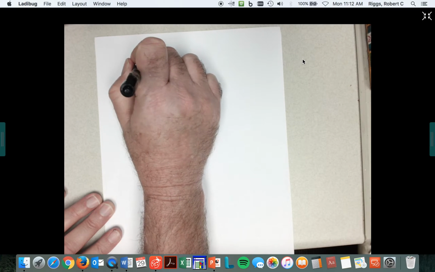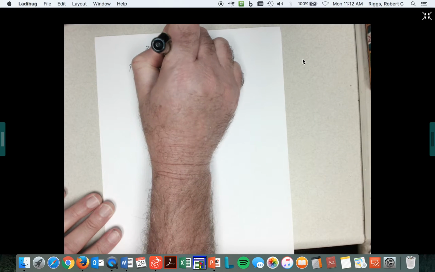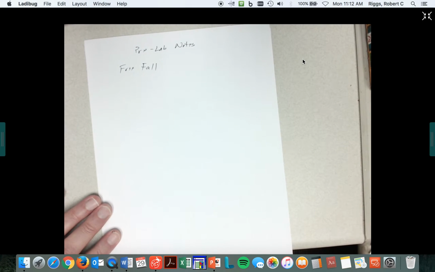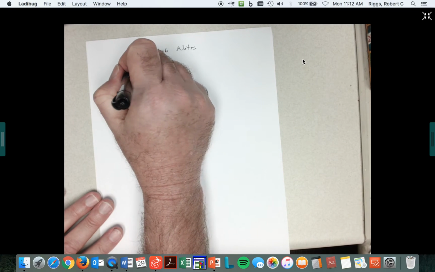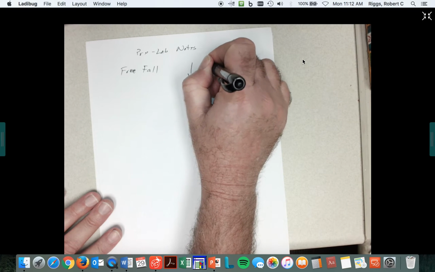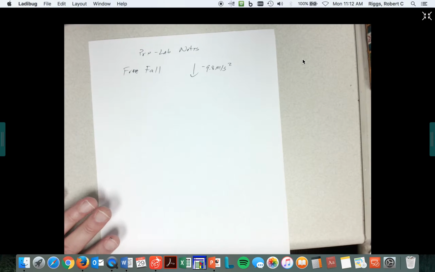Okay, so these are our pre-lab notes. We're going to replace last year's pre-lab notes because I like to do the free fall. This means we're accelerating downward at 9.8 meters per second squared, so we'd put a negative sign in front of it. What does that mean?